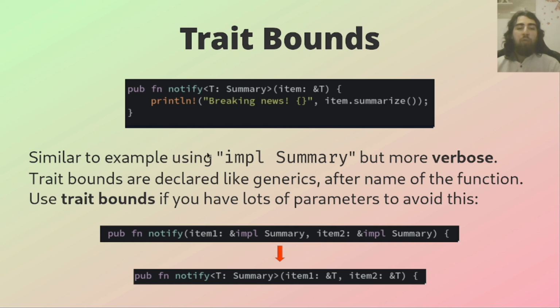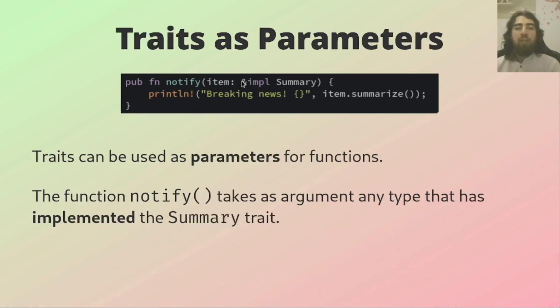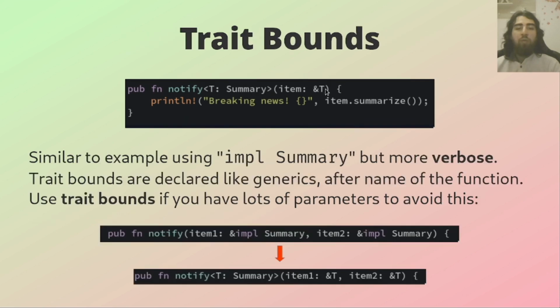And this is similar to the example using the impl Summary, but more verbose. So as you can see, this would actually be exactly the same like we did over here. Trait bounds are declared like generics after the name of the function, and use trait bounds if you have lots of parameters to avoid this.